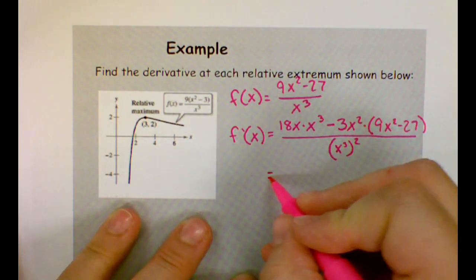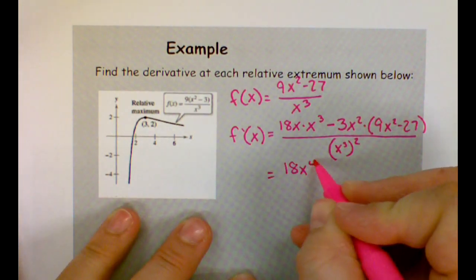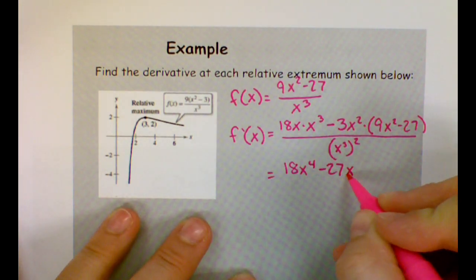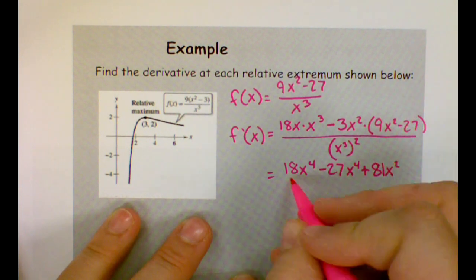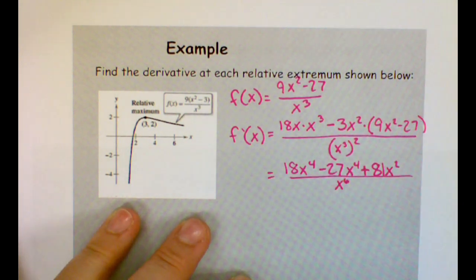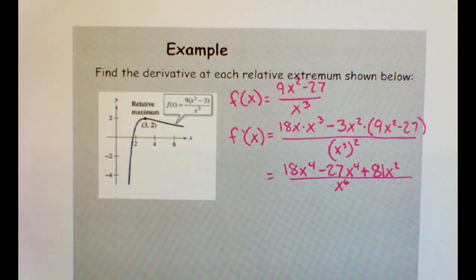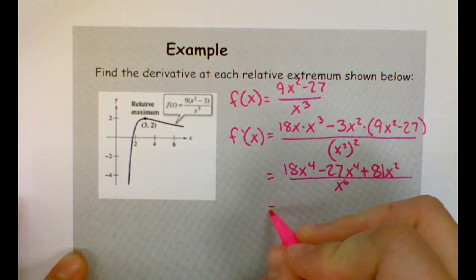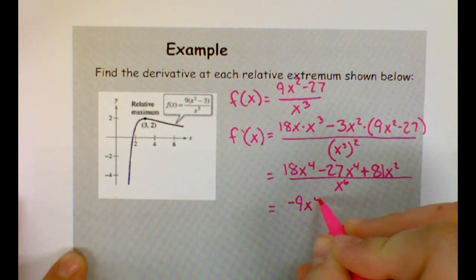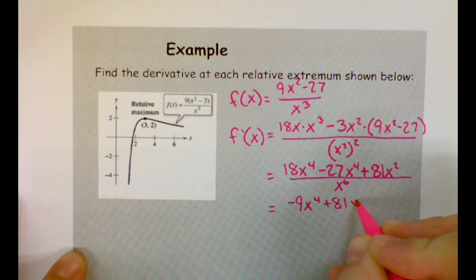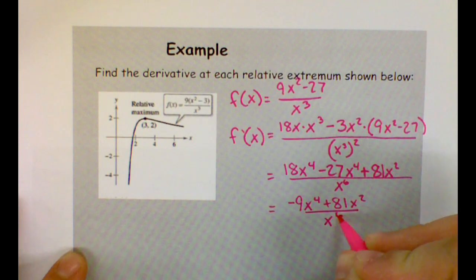All right, let's simplify that. 18x to the 4th power minus 27x to the 4th power plus 81x squared over x to the 6th power. Honestly, I don't even need to simplify anymore, but I'm going to. I have 18 minus 27 is negative 9x to the 4th power plus 81x squared over x to the 6th power.